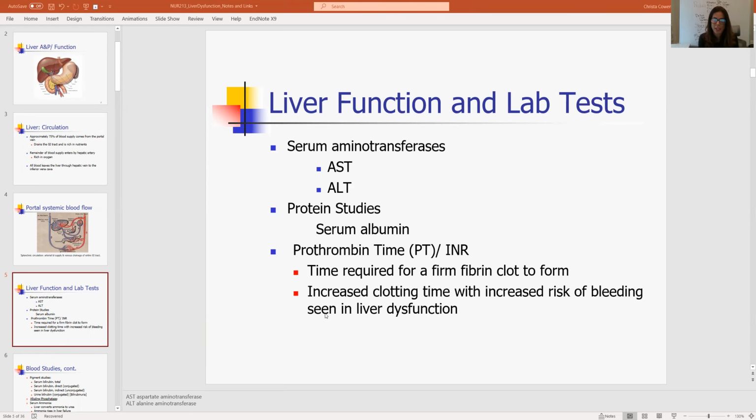So the AST and the ALT are good indicators of acute or recent liver injury. So you'll see levels of AST, ALT 3 to 4 times the normal value. Your normal AST is 10 to 30. Your normal ALT is 5 to 35.